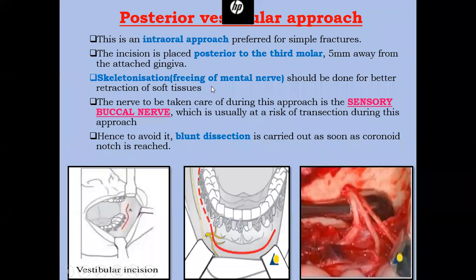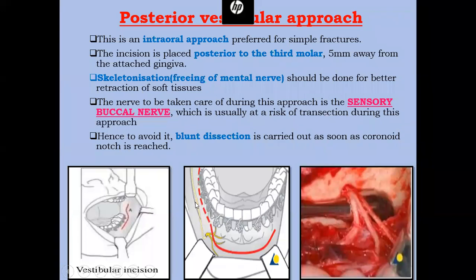So first we need to free this mental nerve so that we can get a better retraction of the soft tissues. Then the most important nerve to be taken care of during this approach is the long buccal nerve, which is a branch of the mandibular division of the trigeminal nerve, and which is usually at risk of transection during this approach.